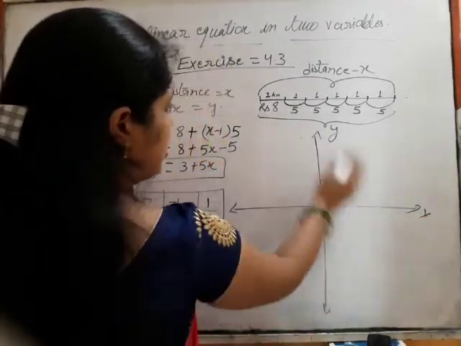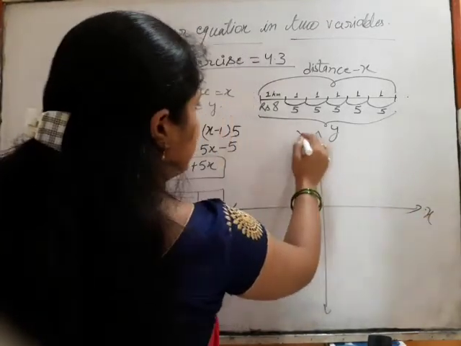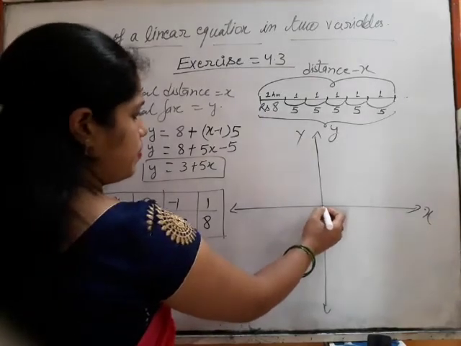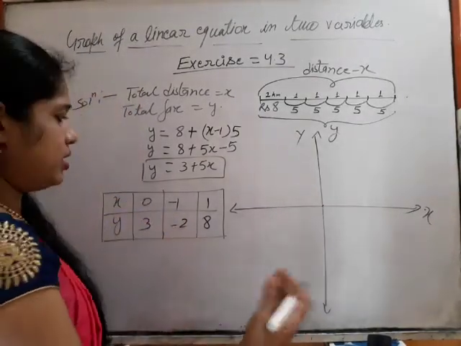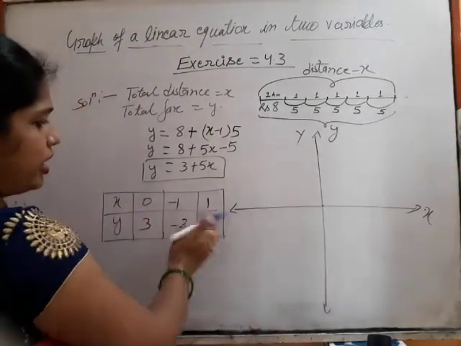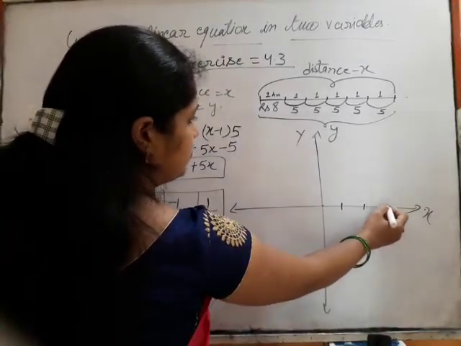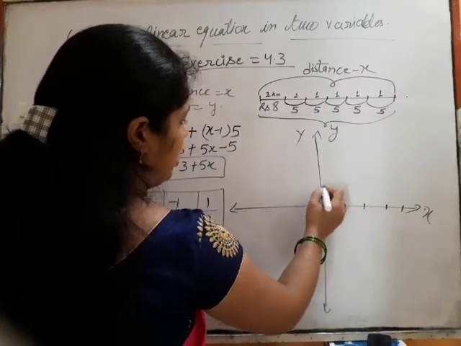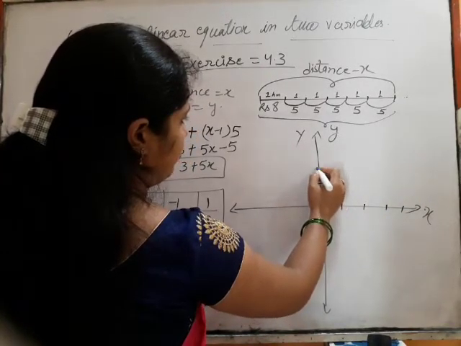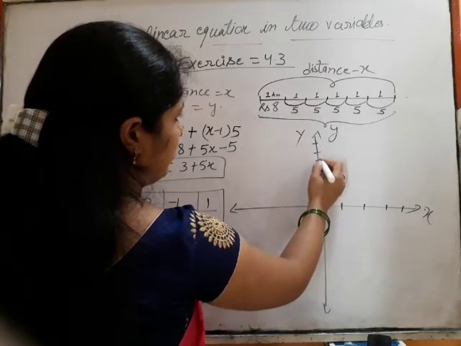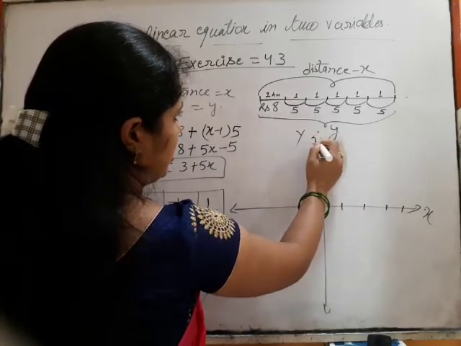This is x-axis and this is y-axis. Okay. So now let us divide the lines according to the values we have got here. 1, 2, 3, 4, 5, 6, 7, 8.